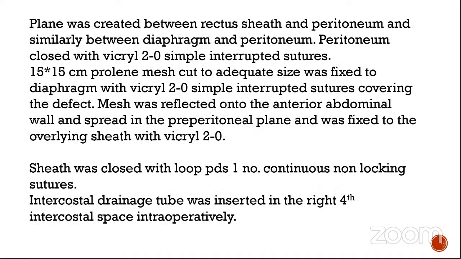So the idea was to go between the falciform and the anterior abdominal wall and extend the mesh over the bare area of the liver, so that a part of the mesh falls on the anterior wall and not inside the abdomen.